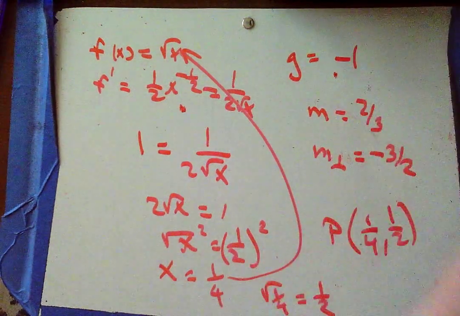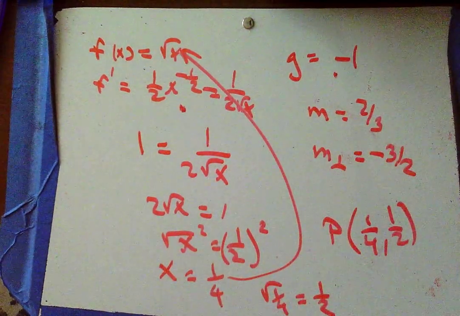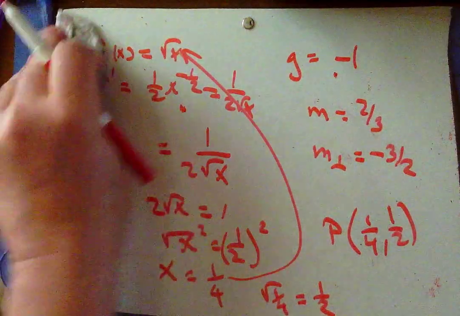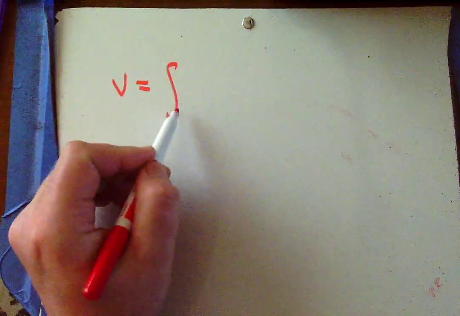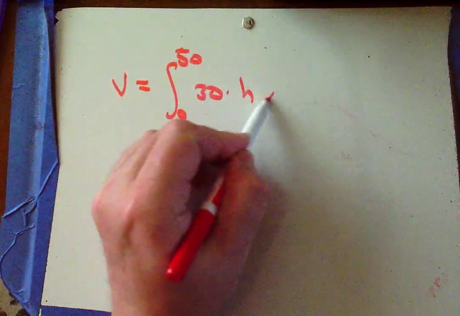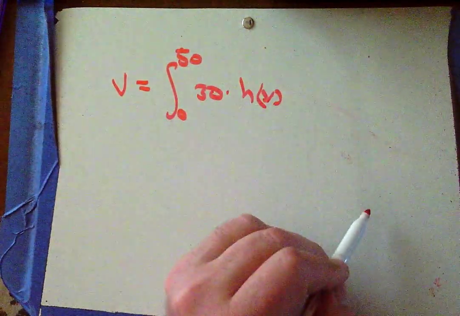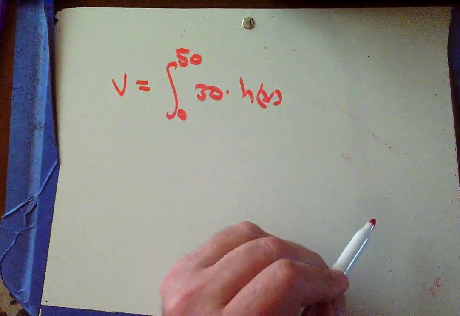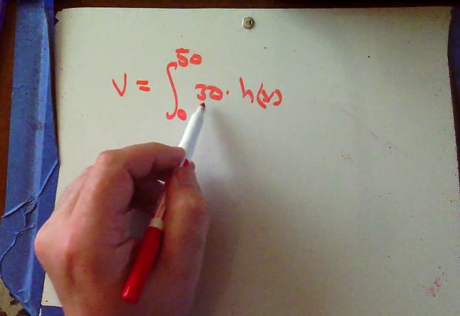Great. And our last problem, problem number 11, another textbook problem. This one says the volume of a swimming pool is given by the integral from 0 to 50 of 30 times h of x, and h is the depth. Okay, I guess we have a rectangular cross-section.